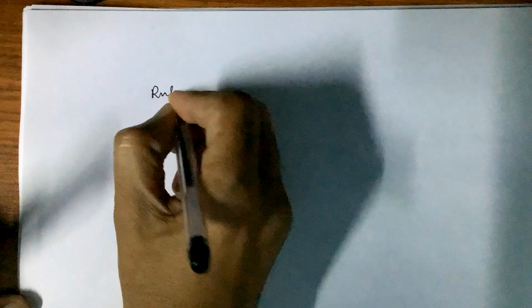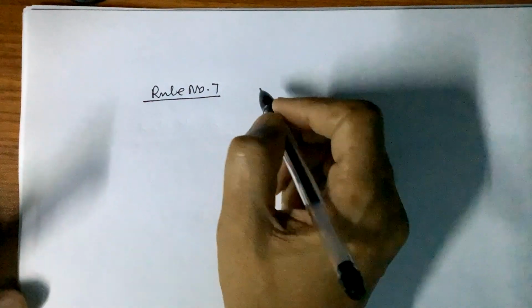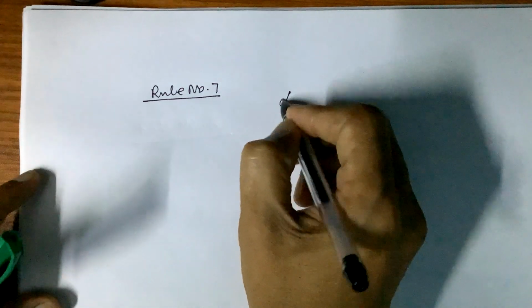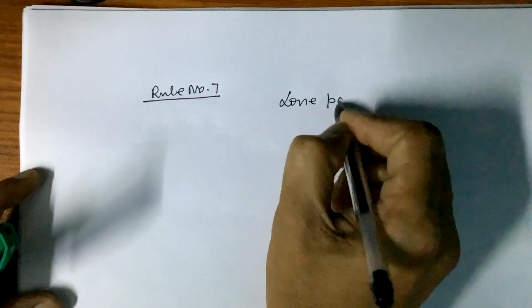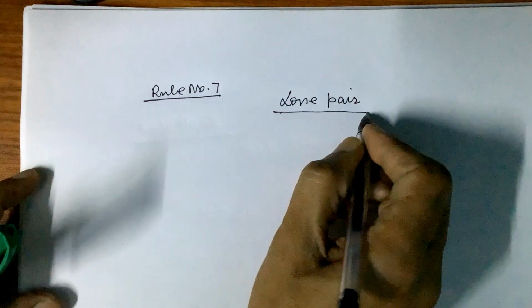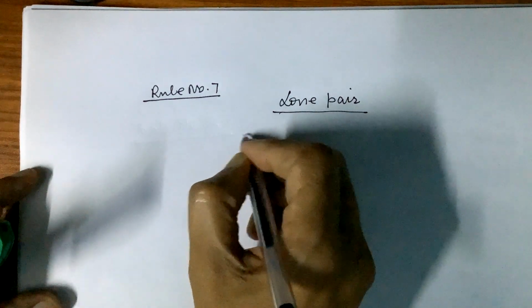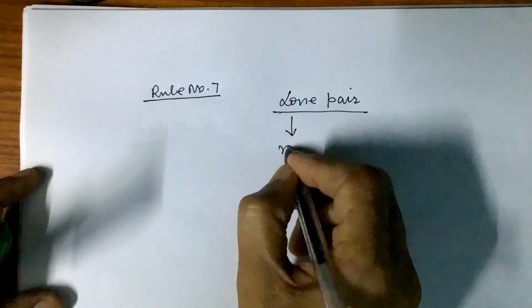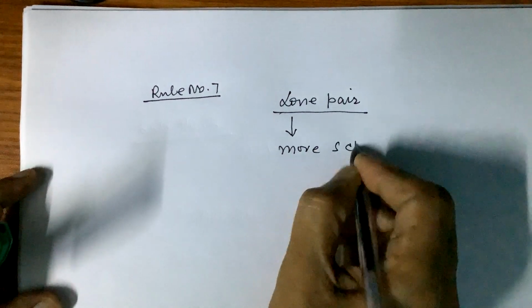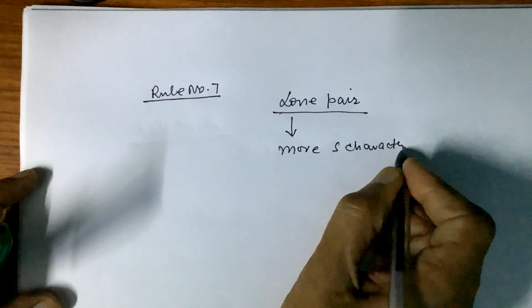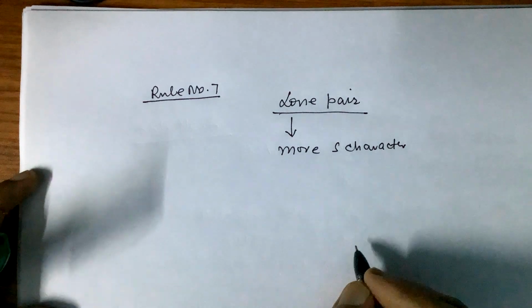Rule number 7 for the bond length is that if there is presence of lone pair, the lone pair has more s character. Then what happens?